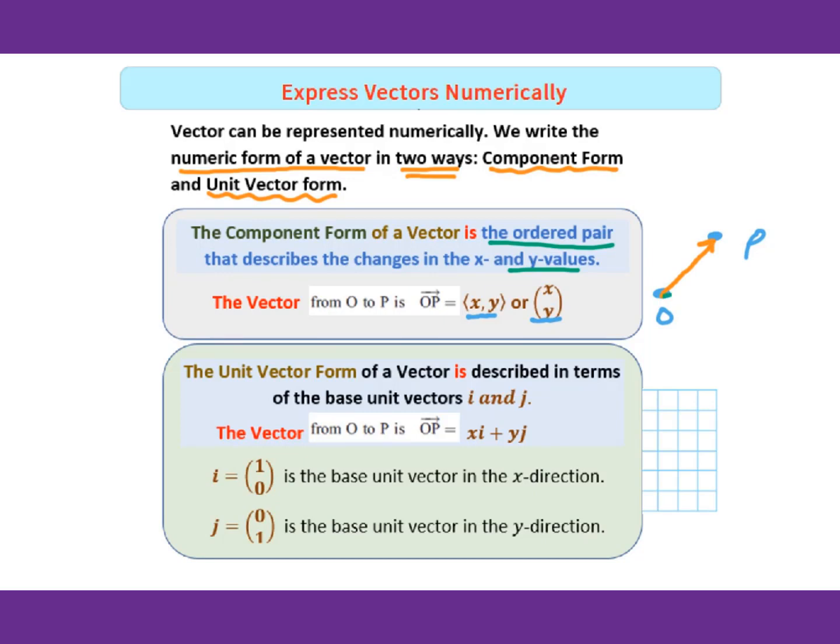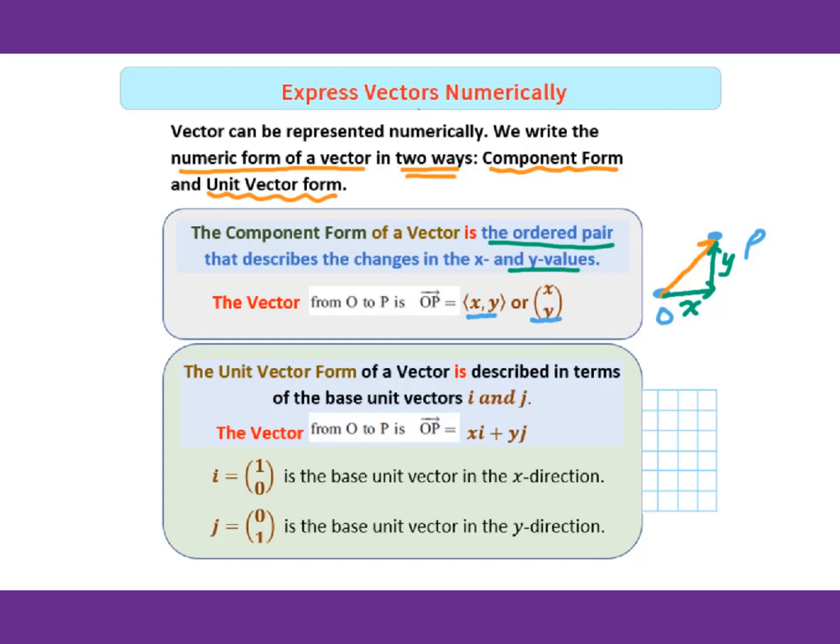You will go to the right or left, this is x units. Then go up, it's y units. Which means a vector has two parts. One is a horizontal move, the other is a vertical move. That's the reason we call this the component form.